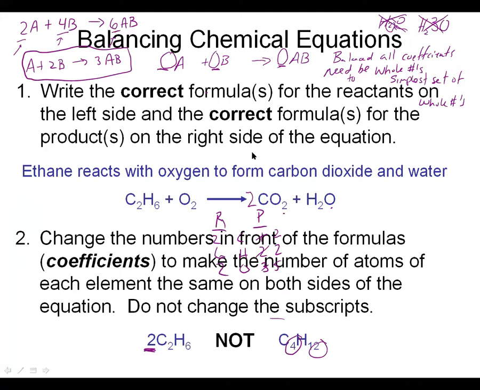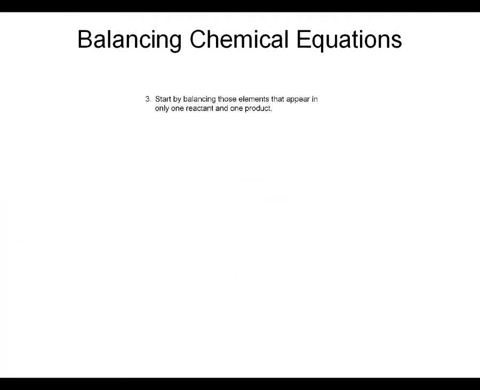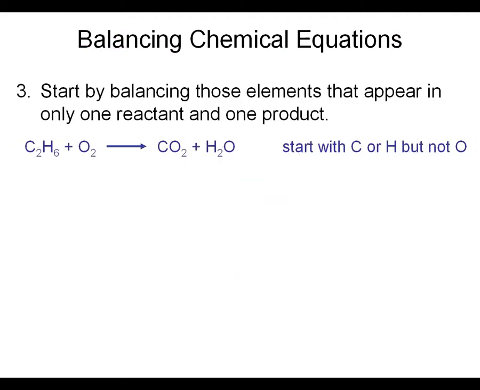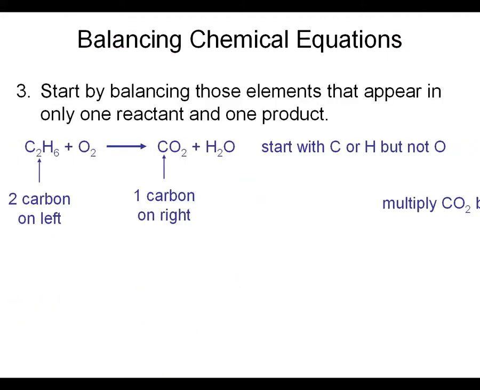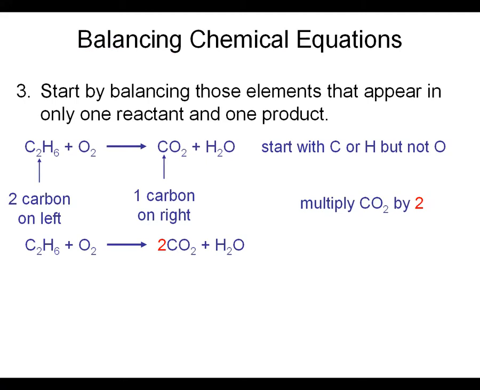Okay, so again, always the coefficient. So if we do that, we would put our 2, just like we did there. And again, what we could then go with after that point is the hydrogen next, which would be the easiest.